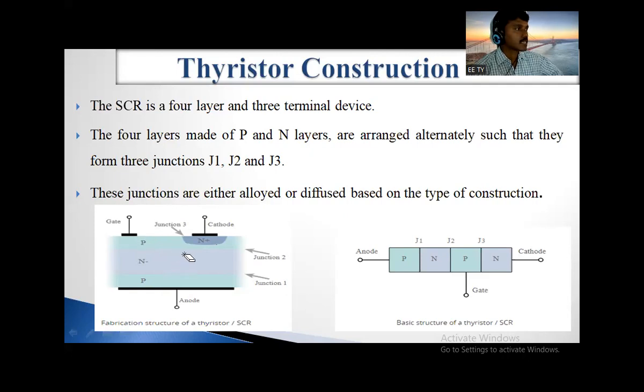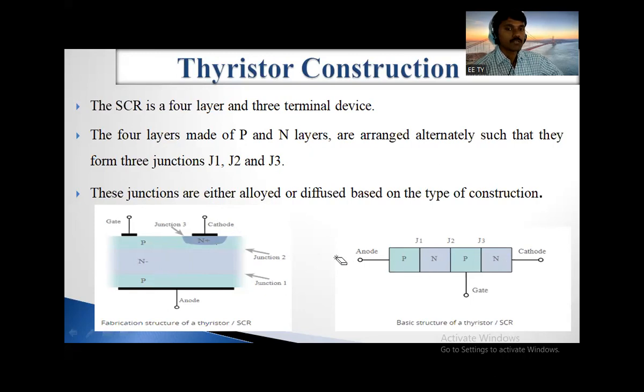Here they are represented like this, but the current should flow like this, anode to cathode. So this is the equivalent symbol of the SCR, PNPN.